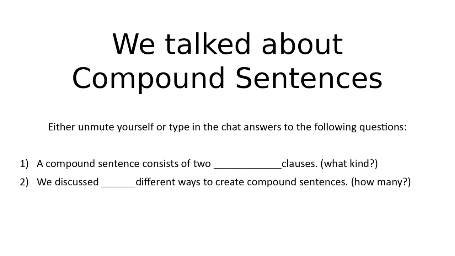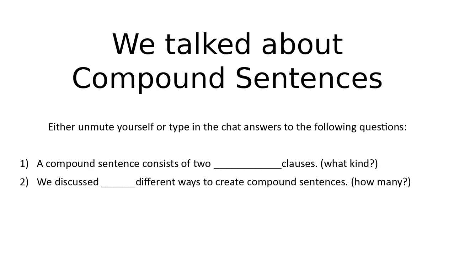We know a compound sentence consists of these two independent clauses, but we talked about how you can't just throw them together. You have to conjoin them or combine them in a specific way in order for it to be grammatically correct. So how many different ways did we discuss yesterday about how we can combine two independent clauses to create a compound sentence? 3.